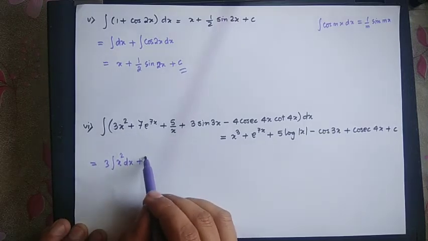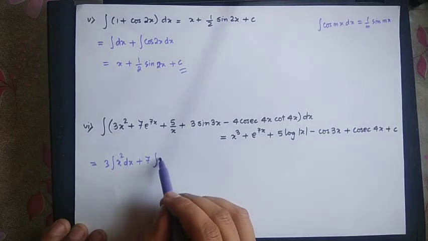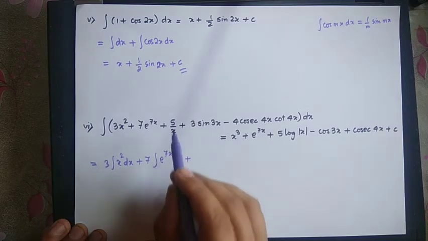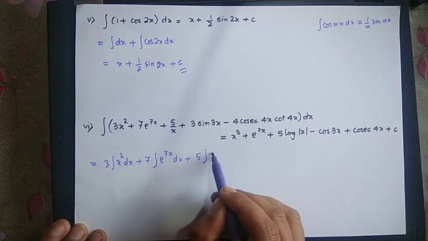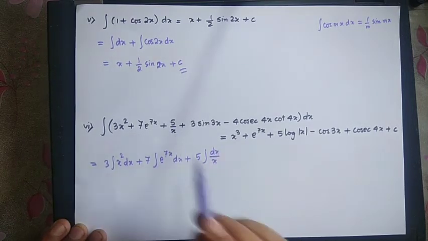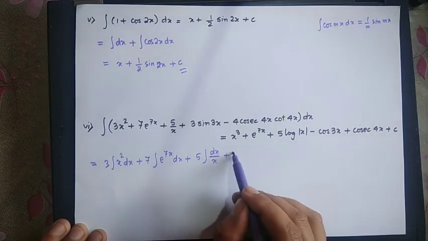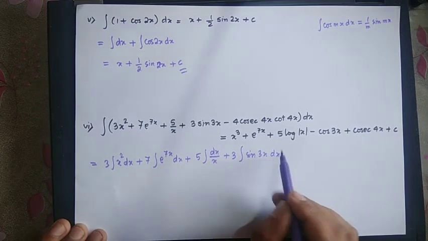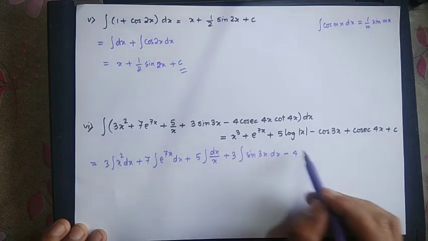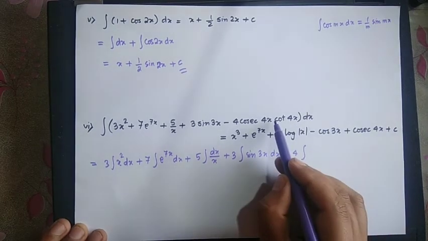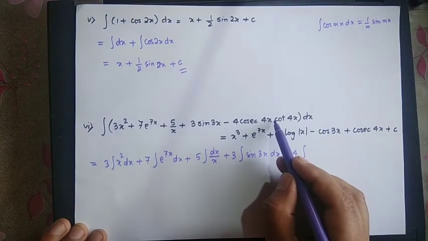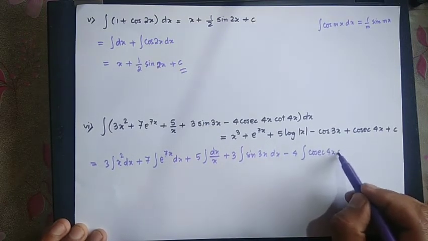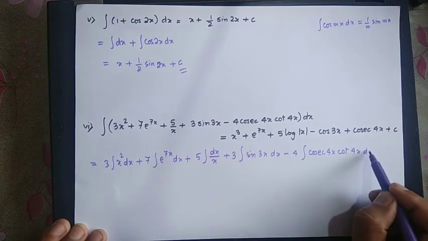Similarly from here 7 can be taken outside, so we have the integral of 7 e to the power 7x dx plus this 5 can be taken outside, so we have dx by x, plus 3 integral of sine 3x dx minus 4. We cannot distribute integrals over multiplication, you need to remember that. So we have cosec 4x cot 4x dx, right?